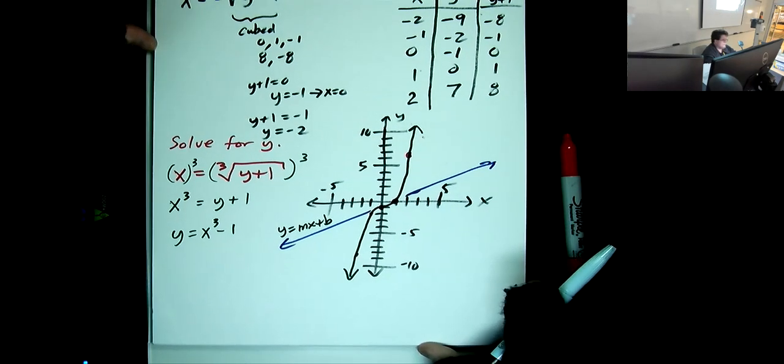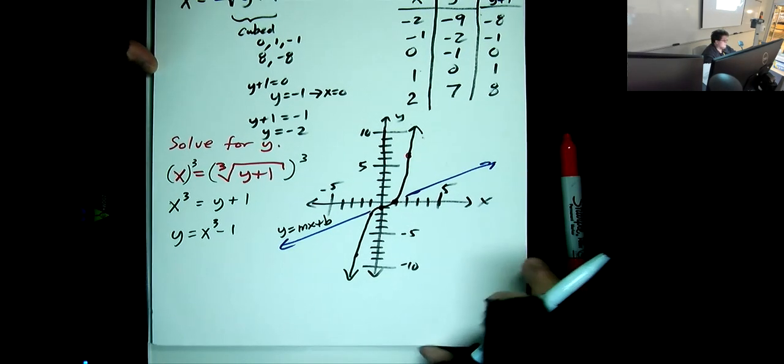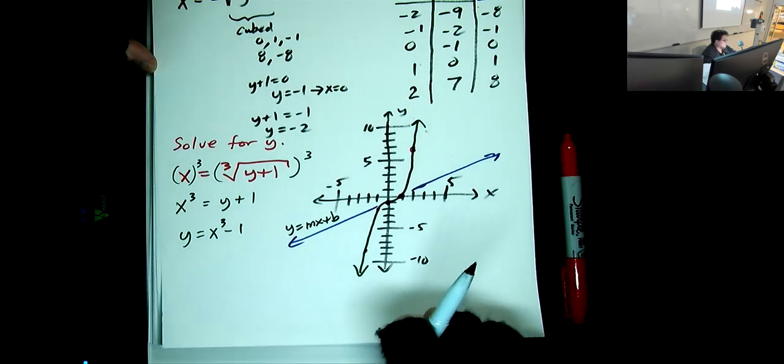Does anyone need this up longer? All right. 2.2, circles.